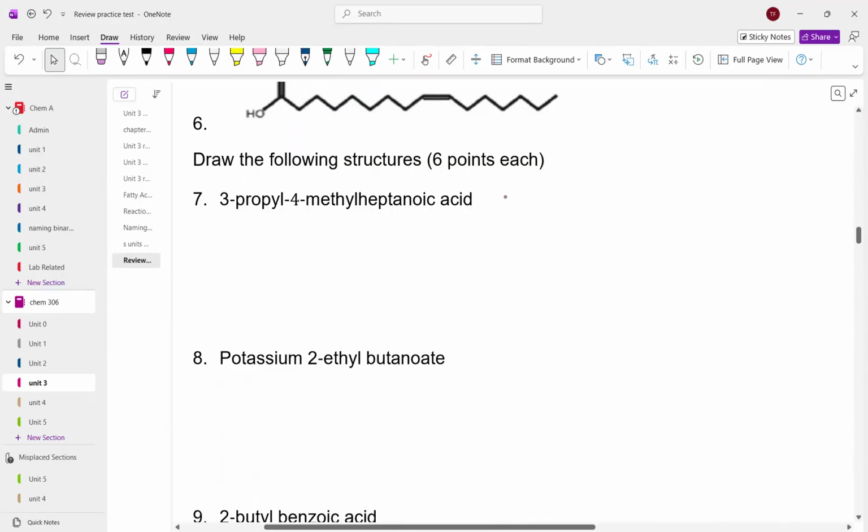Okay, so now remember drawing structures from a name. So we've got heptanoic acid, that's a 7-carbon acid.